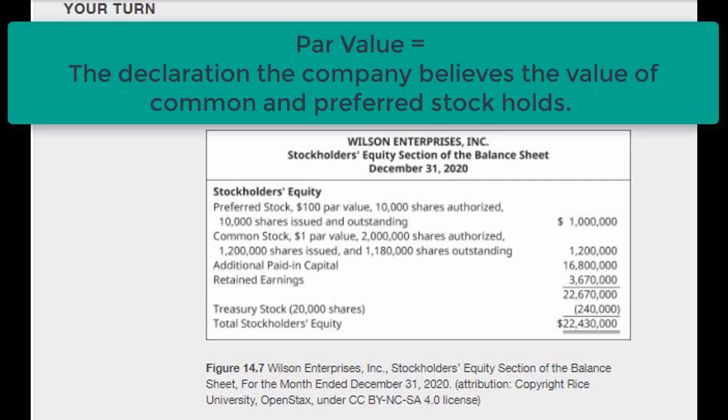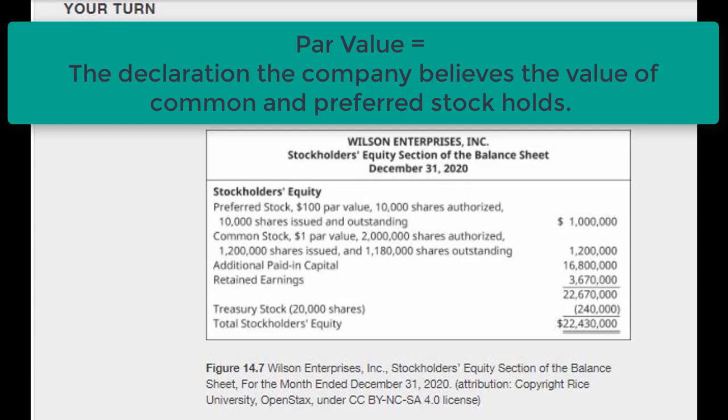What is par value? Basically, when a company registers with the government to issue stock, the company needs to officially tell the government, this is how much I think the stock is worth for bookkeeping purposes.